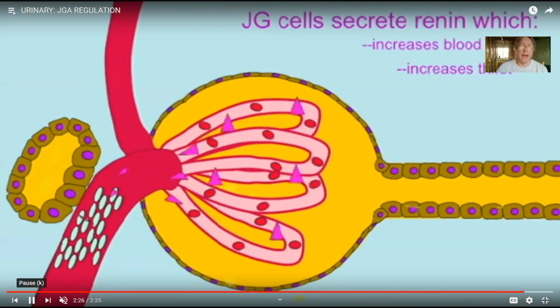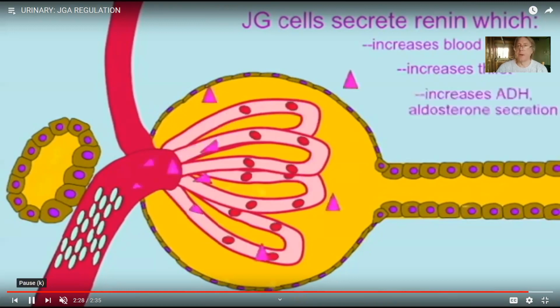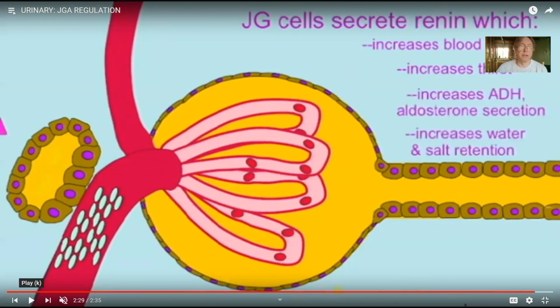Renin then increases vasoconstriction throughout the body. This increases blood pressure. It reaches the hypothalamus, which increases thirst. Maybe the reason that you don't have enough blood for sufficient blood pressure is because you're dehydrated.